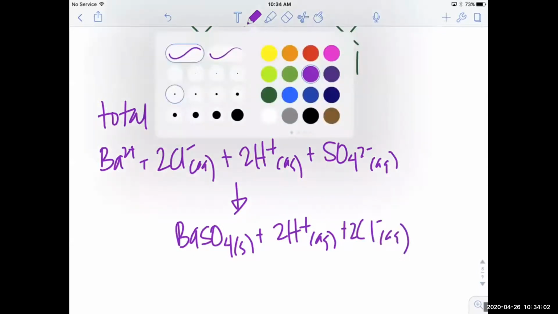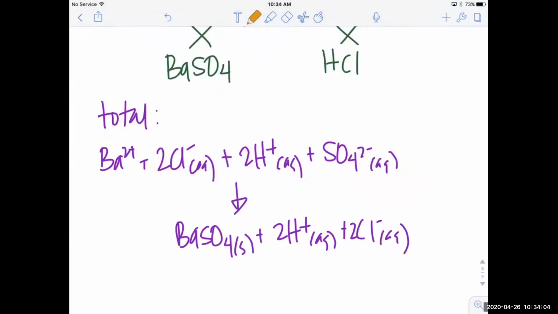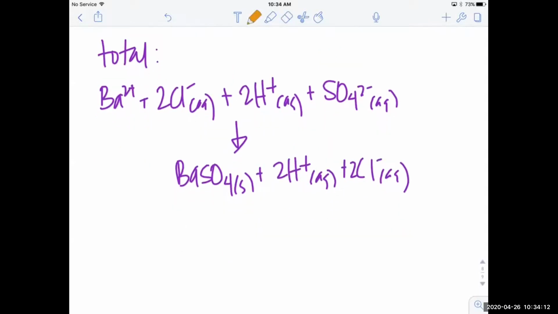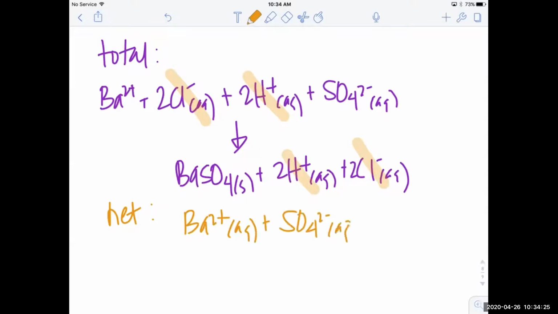Remember again, it doesn't matter the order of the compounds, so you can write the Ba and the Cl after here. But within the compounds, you have to write a cation and then anion. So the net ionic, after we cross these off, is just going to be Ba2 plus aqueous, plus SO4 2 minus aqueous, goes to BaSO4 solid.